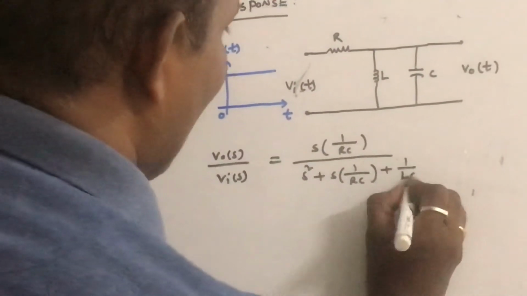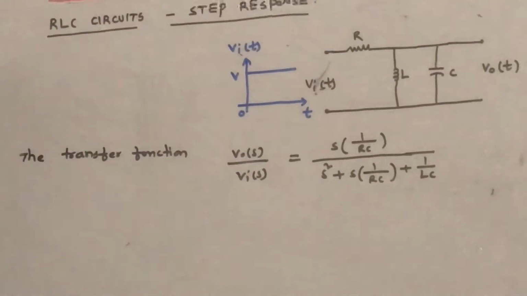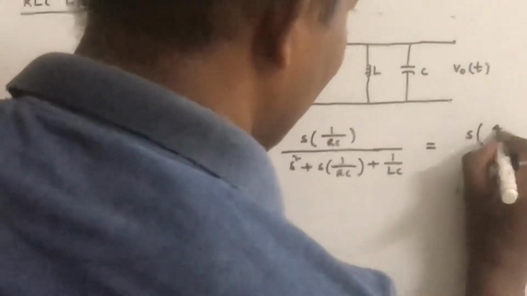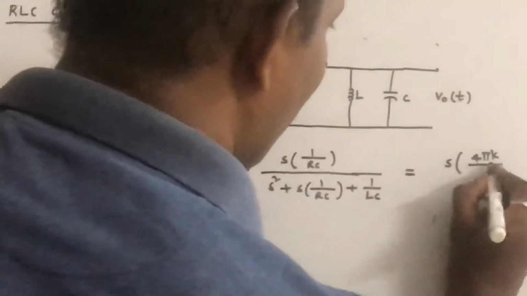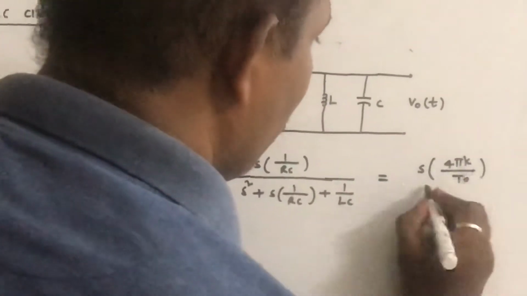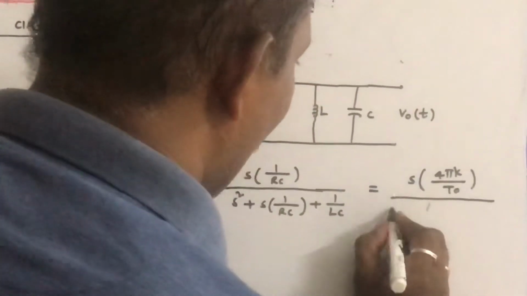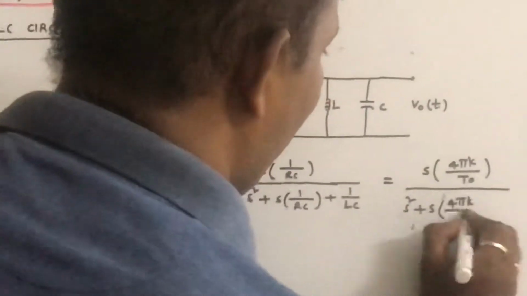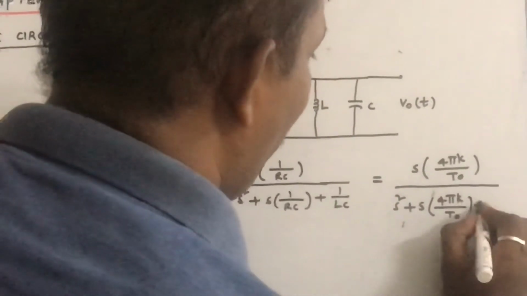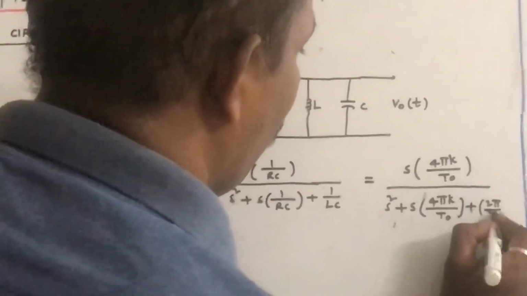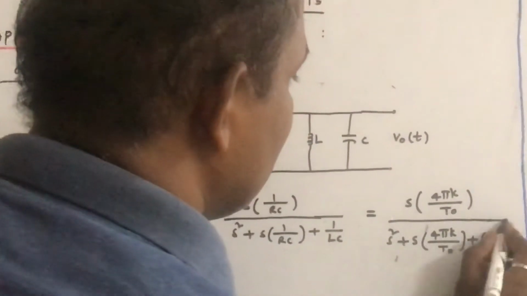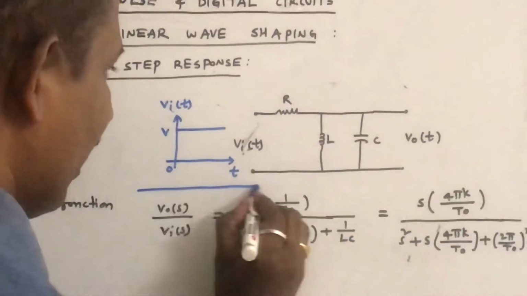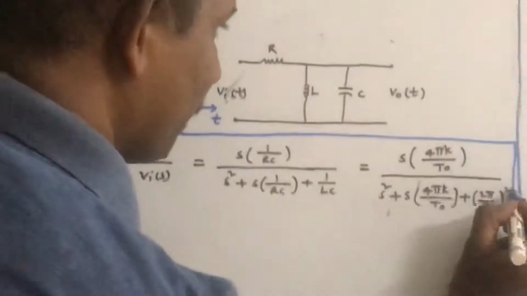So this is the transfer function of this circuit. Further, we have converted this equation to some other constants in terms of damping factor and the natural time period of the circuit. So divided by s square plus s into 4 pi k by T0 plus (2 pi by T0) whole square. So this is what we have derived in the previous lecture.